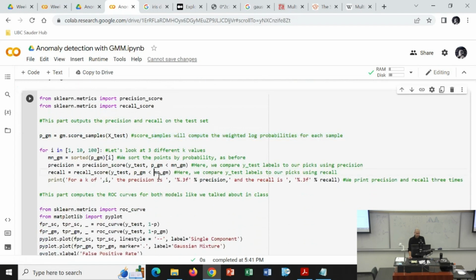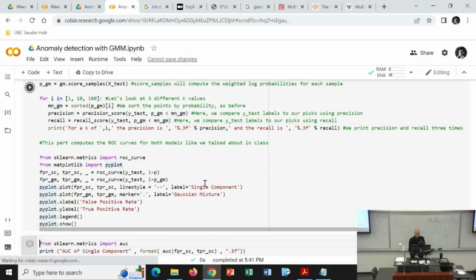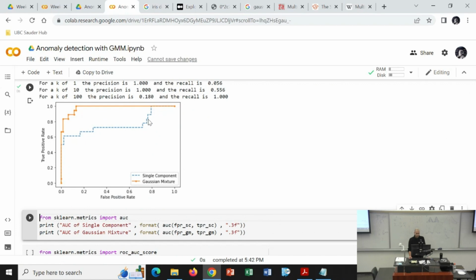So here we have the ROC curves. For the one-component Gaussian, this is the ROC curve in blue. And for the 5-component Gaussian, it's this orange one. You can see that the orange one is closer to the top left, which means it's a better classifier. It's a better classifier regardless of the threshold, right?